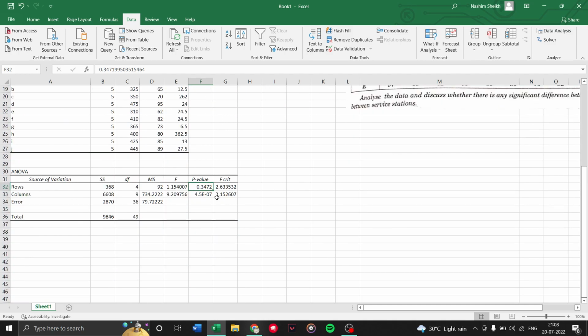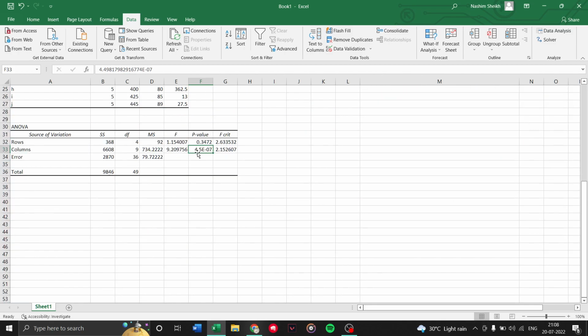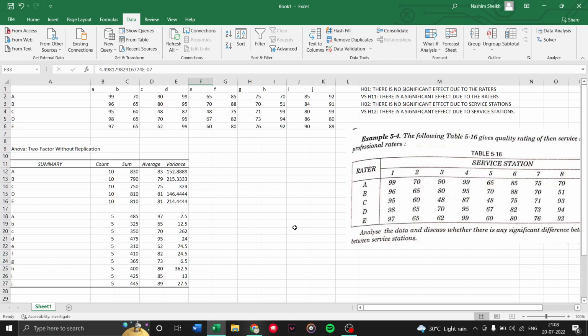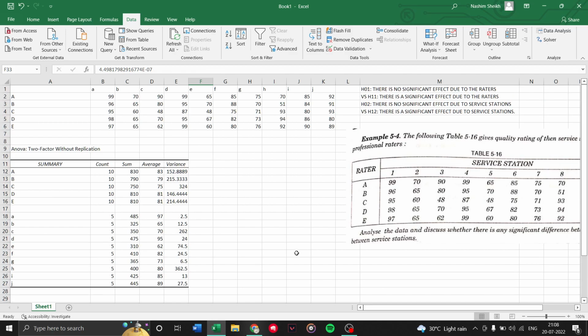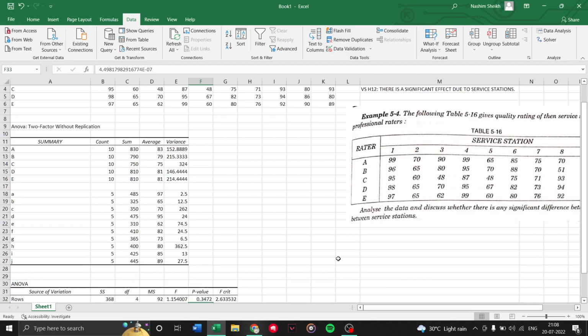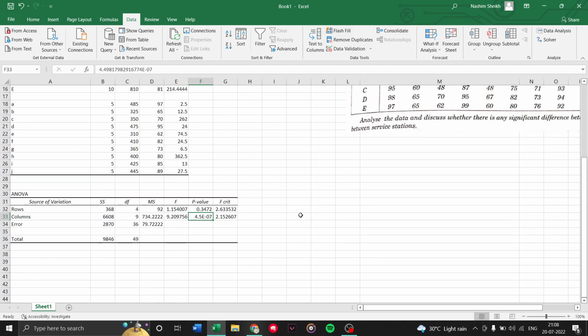And for the columns, that is for the service stations, the p-value is much less than 0.05. So we have to reject the null, because the lesser the p-value, the greater the evidence for rejecting the null hypothesis. So from this p-value we say that there is a significant effect due to the service stations, and we reject the second null hypothesis.